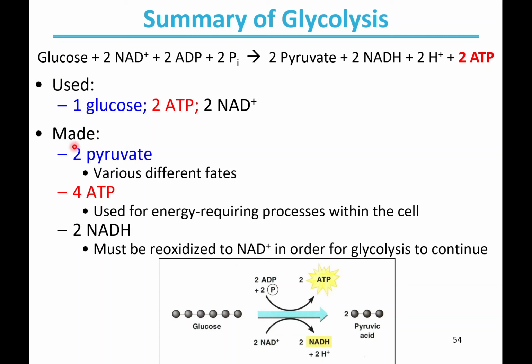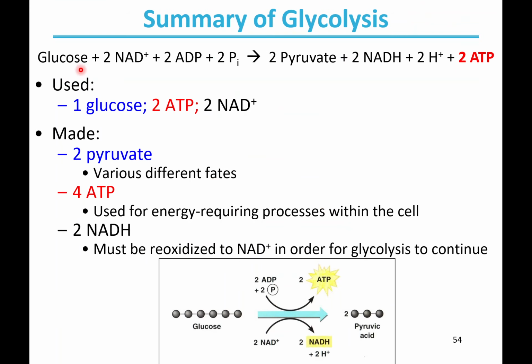Pyruvate can have different fates at the end. You make a total of 4 ATPs, and you also make a total of 2 NADHs. Okay. The important part about the NADHs is you have to reoxidize it to NAD plus for glycolysis to continue. And so that's when we talk about fermentation. That's the driving force of fermentation right there.